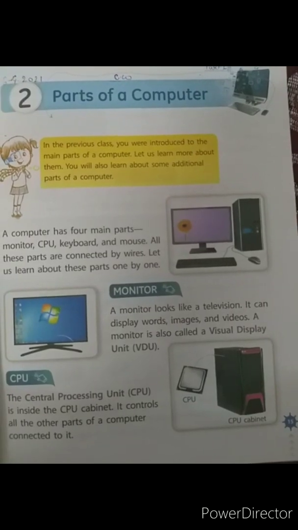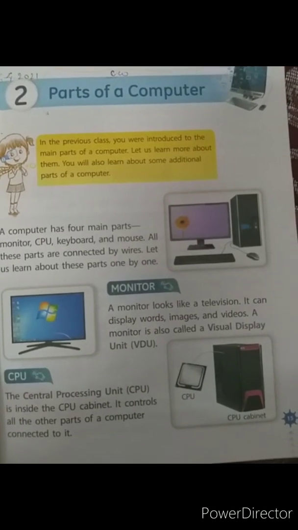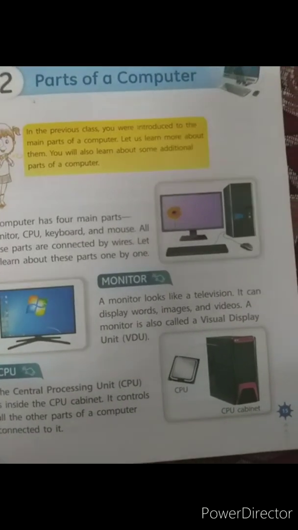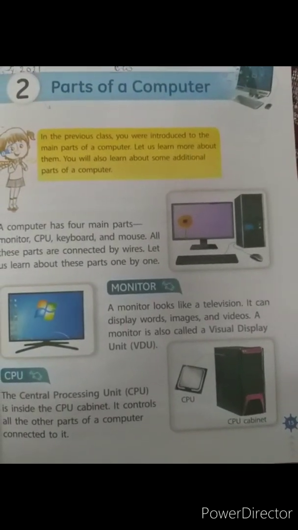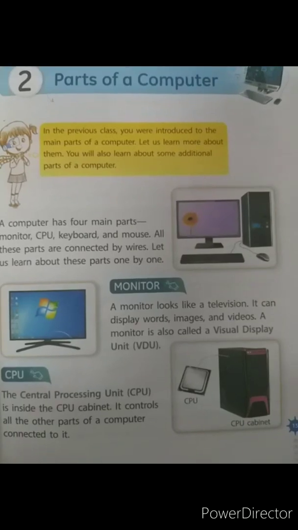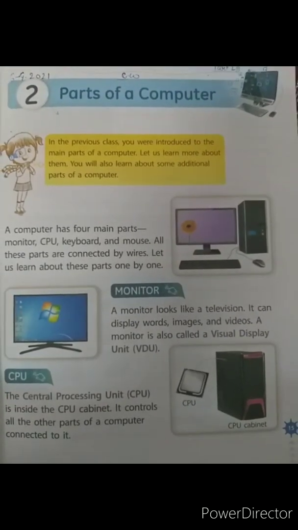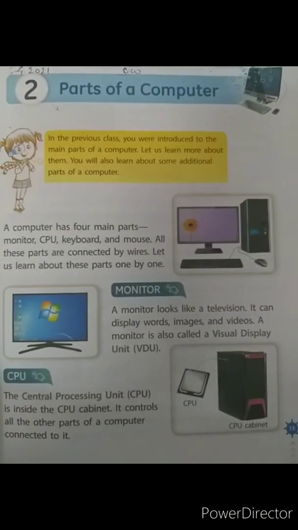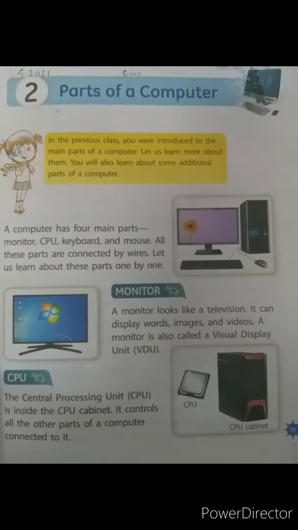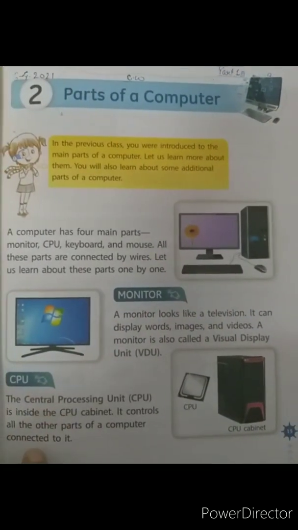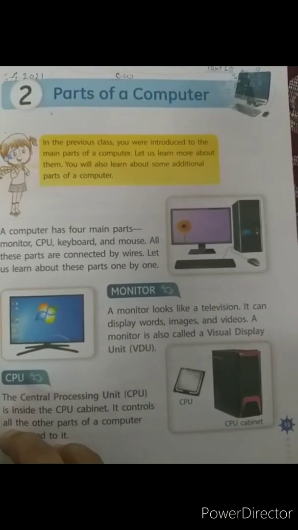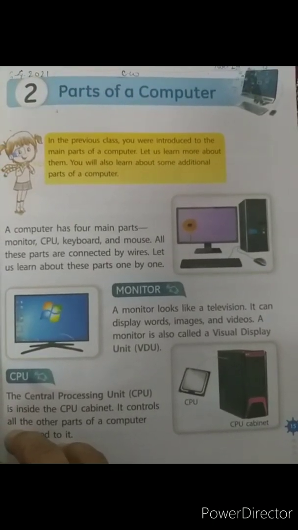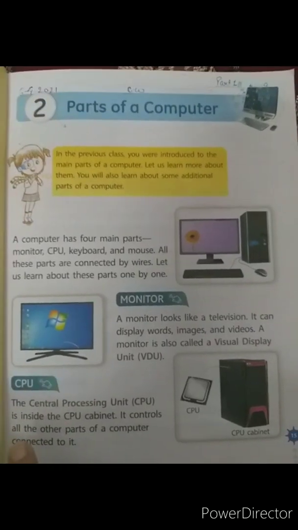Students, I hope you all have opened your computer book. Now, today we start new chapter number 2. Chapter name is Parts of a Computer. Open page number 15. I hope you all have read it in previous classes.